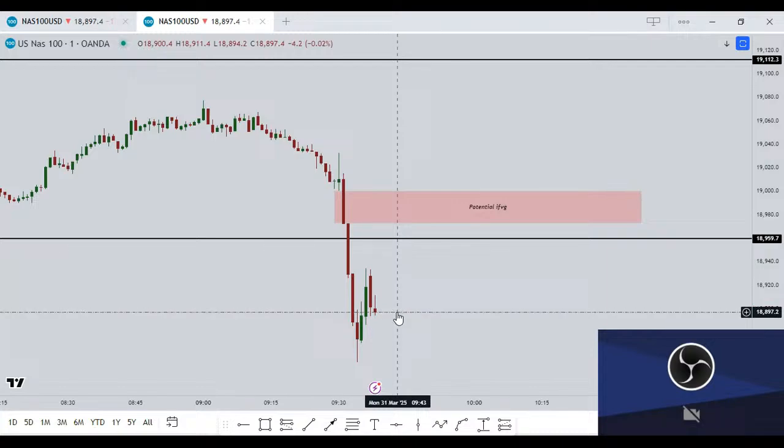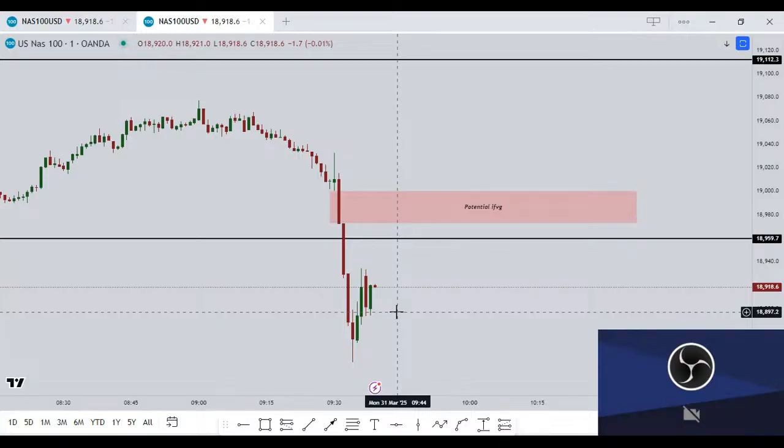All right, in my book, this setup is the type of setup that I have in my trading plan. When that happens, that is the only time you execute.